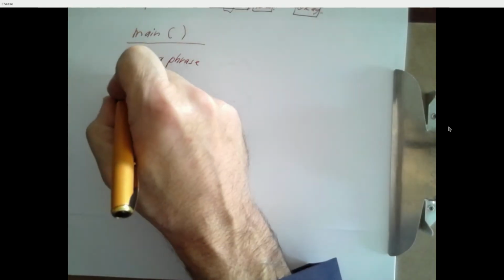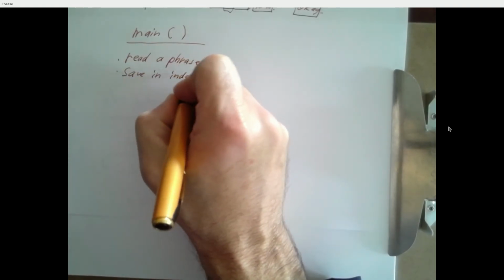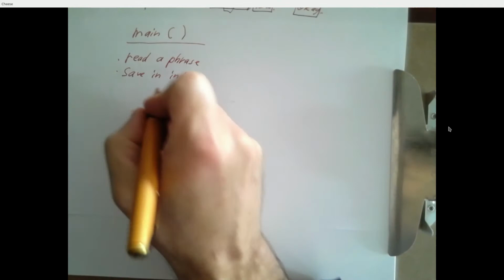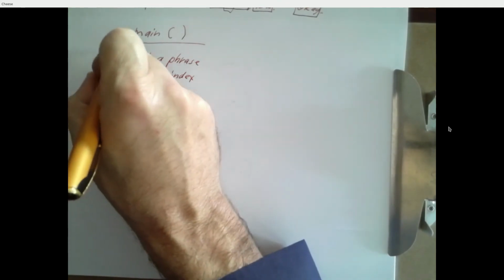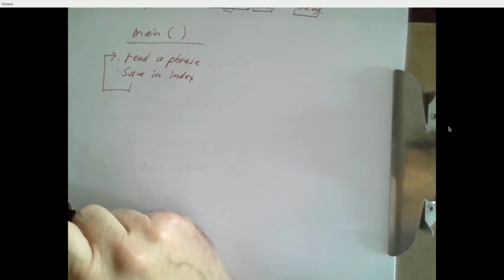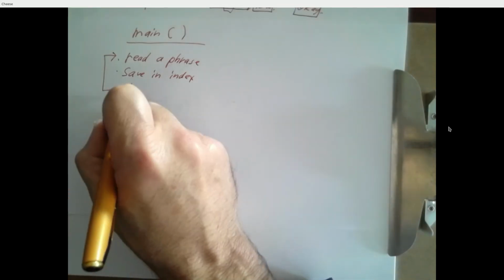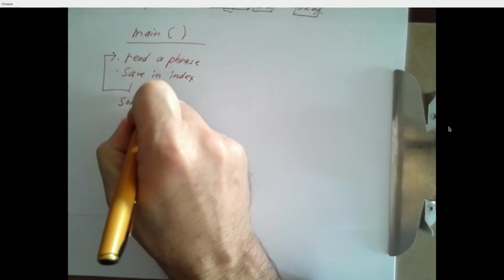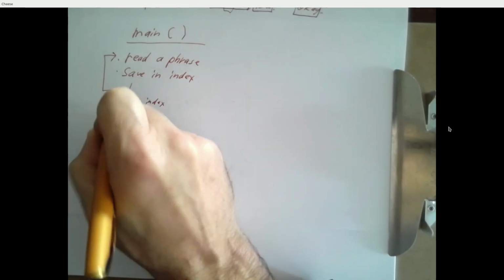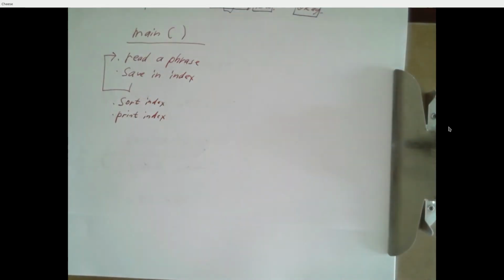Save in my index of phrases, and loop. And when there's nothing left to read from the file, sort the index, print the index, and you're done. There's your main program.